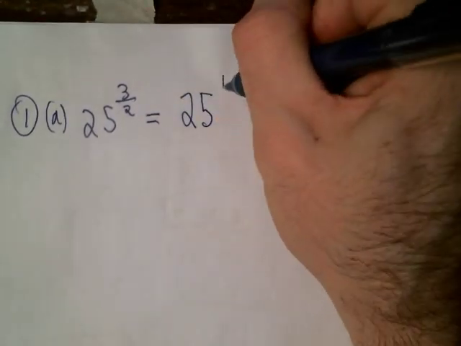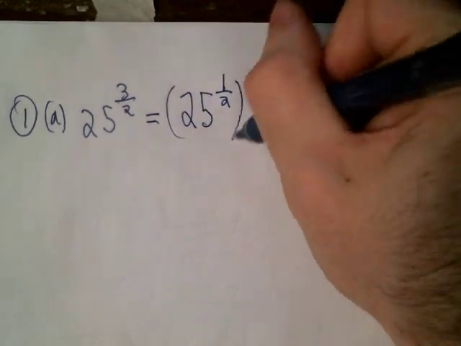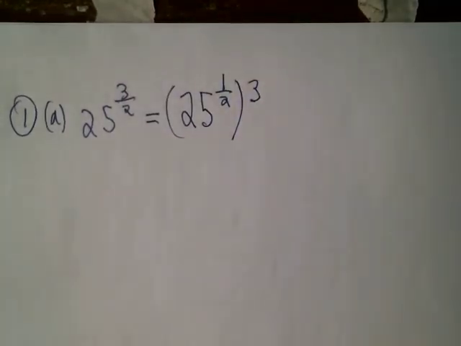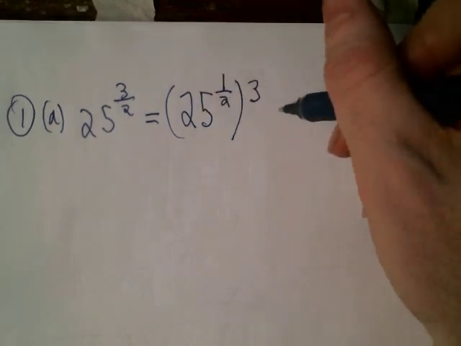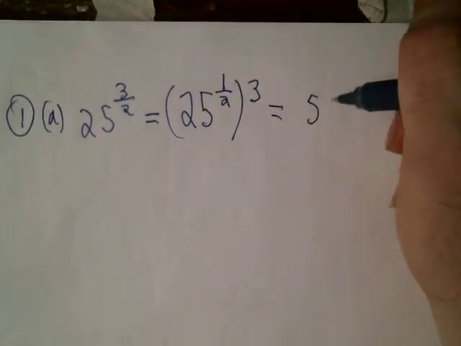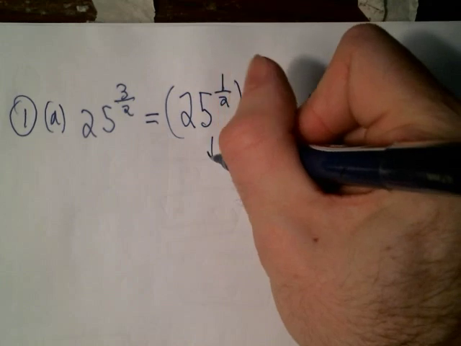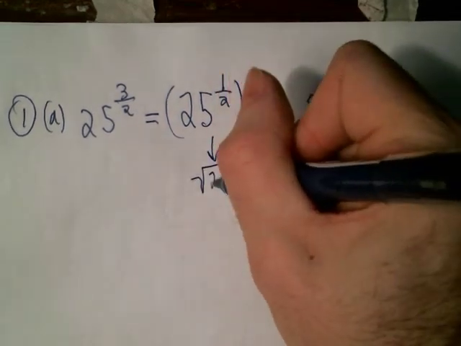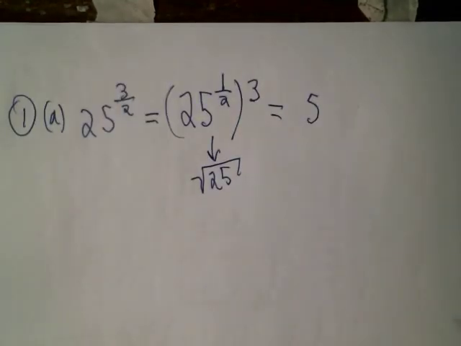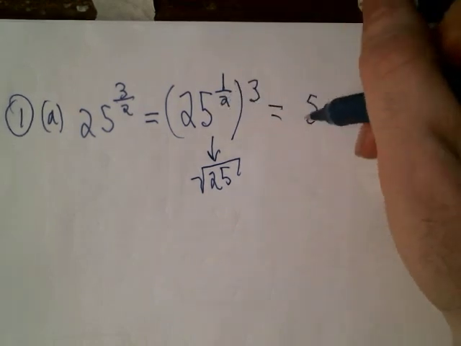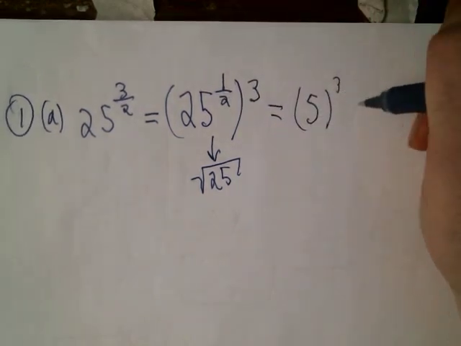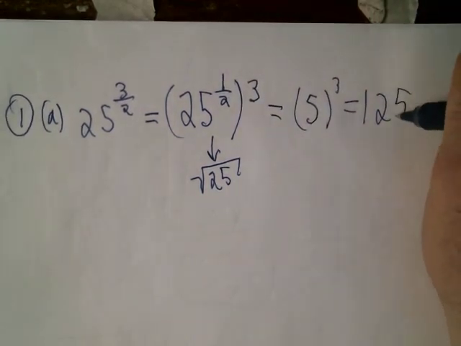So how did that work? Well, you're going to sort of split up that fraction using power rules, I guess. 25 to the 1/2 is just 5, because the 1/2 power is ultimately the same as saying square root. So 25 to the 1/2 is 5, and then you cube that, and that's 125.